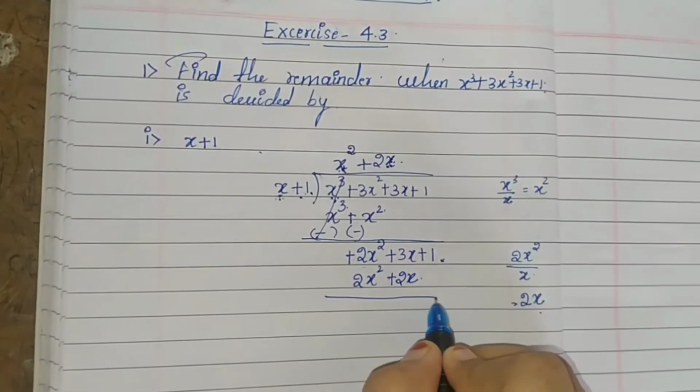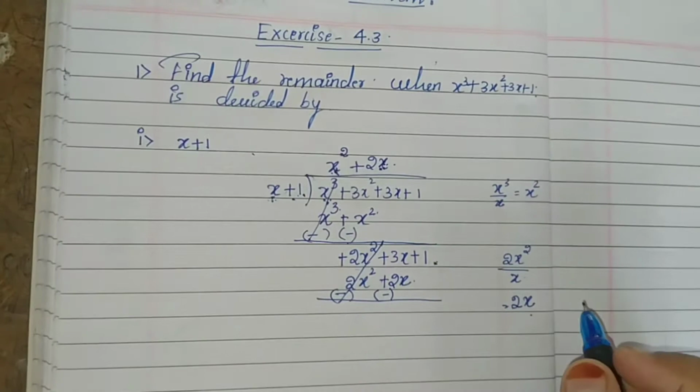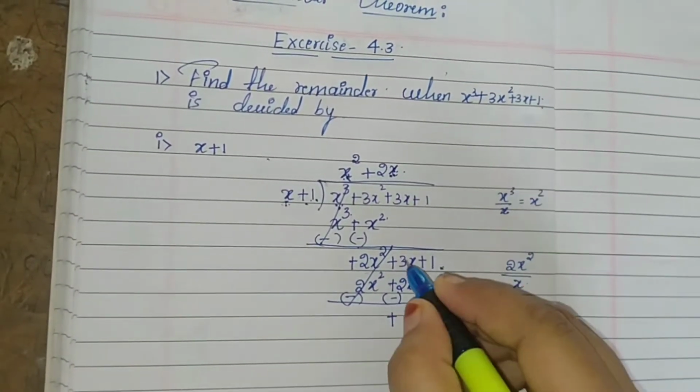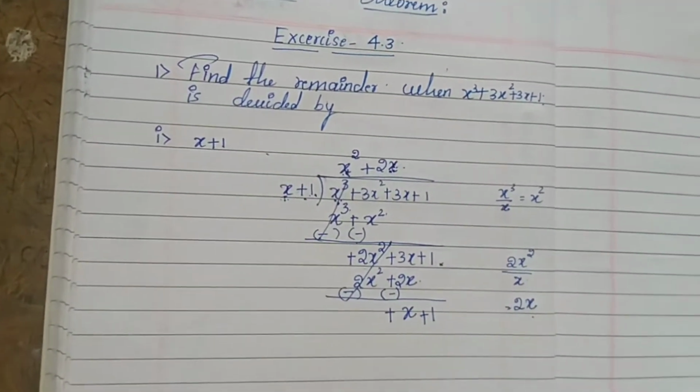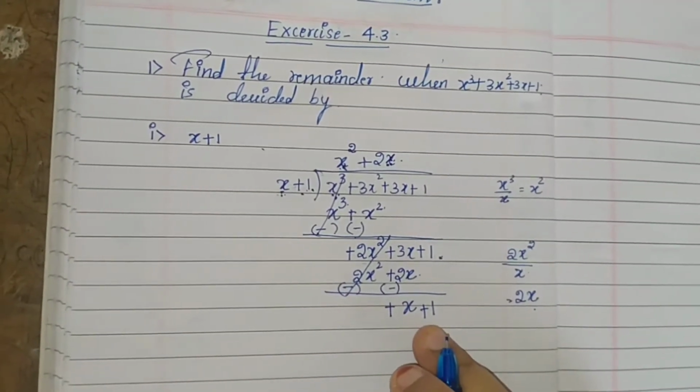So you have to change the sign now. So 2x square and minus 2x square will get cancelled. What is remaining here? Plus 3 minus 2 is 1. So 1 you have to take down. So plus x plus 1. This is your new dividend now.